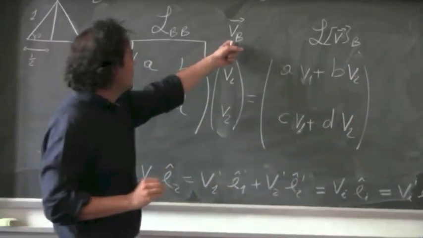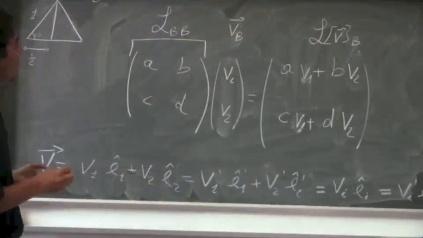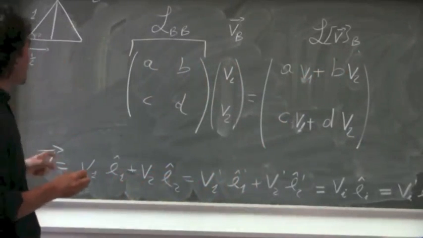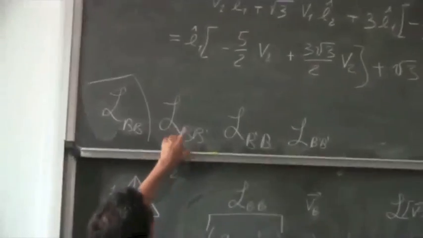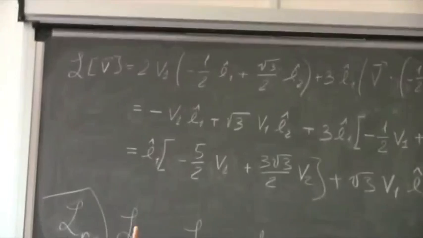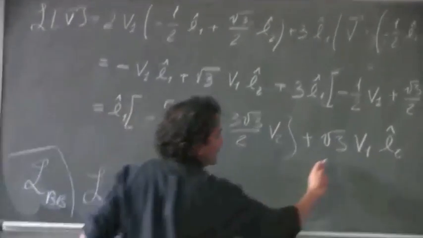So we have chosen here. The second, we have to choose something. We can choose the representation with respect to B. But here we have the representation of L. This is the first component, this is the second component.